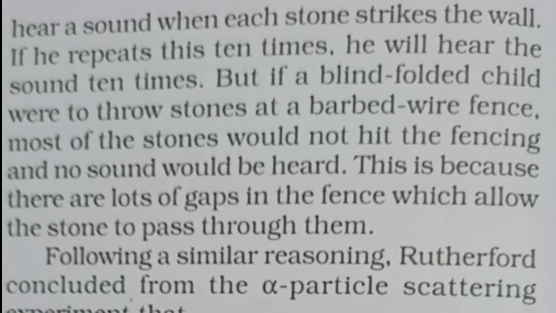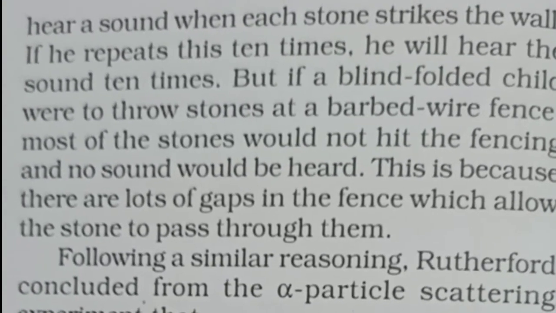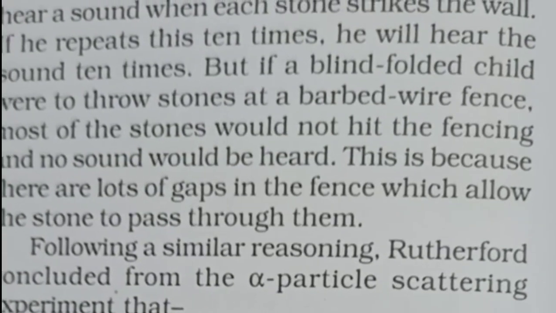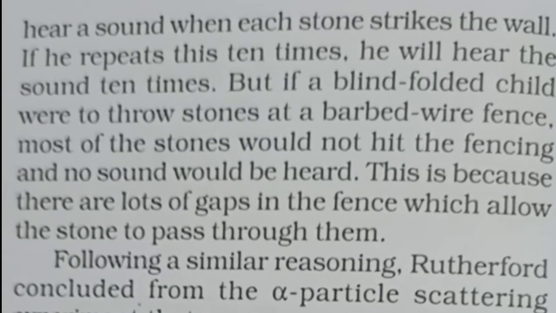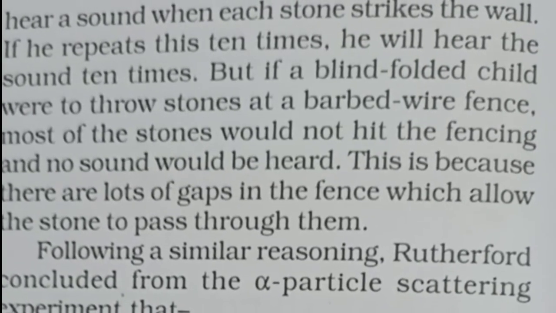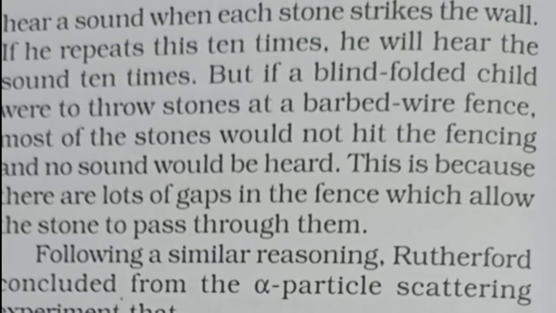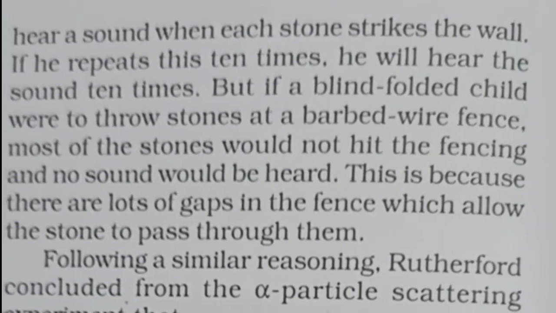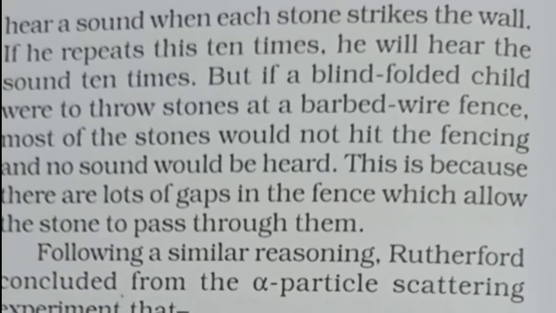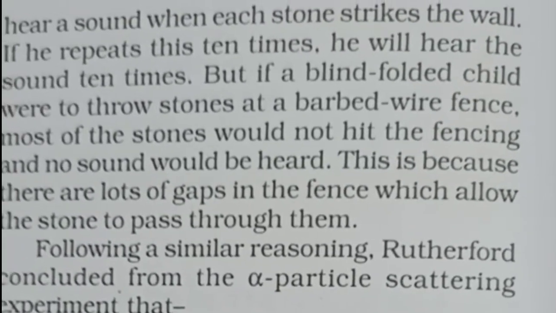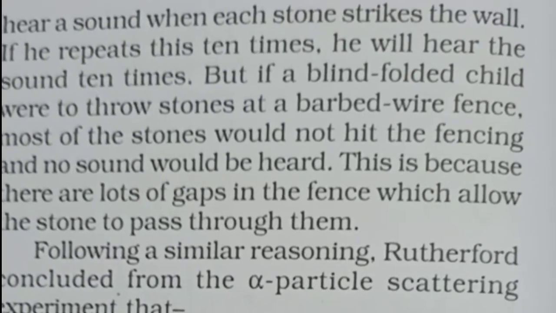So when he is told to throw a stone towards that barbed wire fence, what will happen? Most of the stones would not hit the fence and the sound will not be heard by him. Only a few times he may hear it, because there are lots of gaps in the fence and those gaps allow the stone to pass through them.